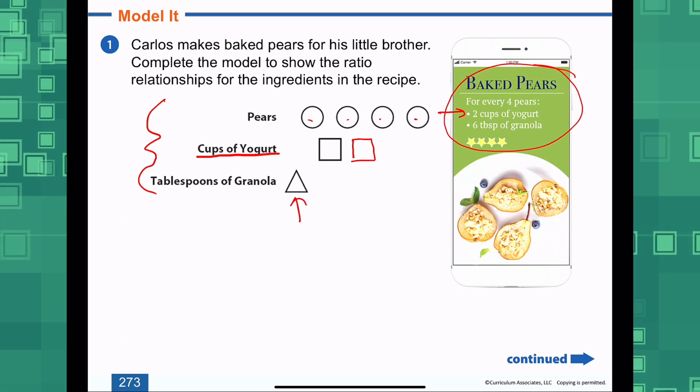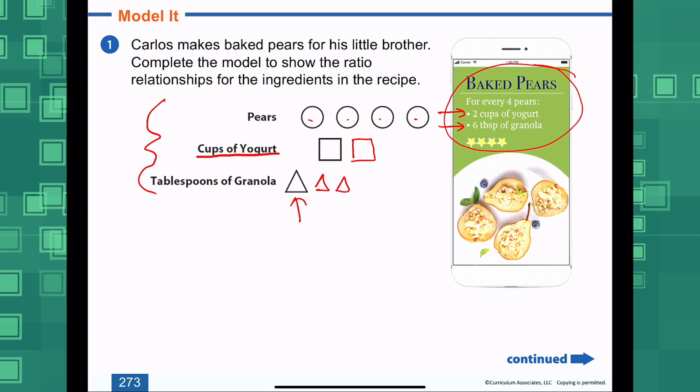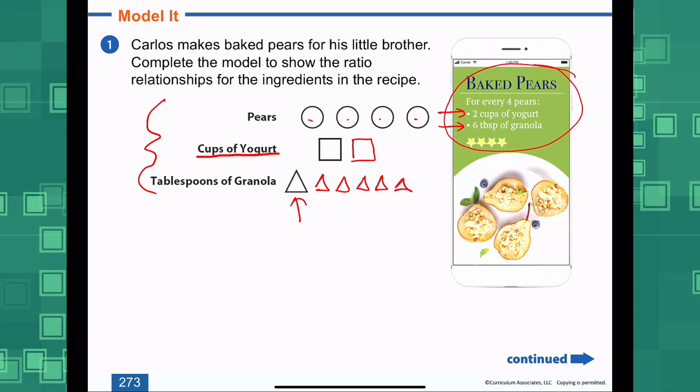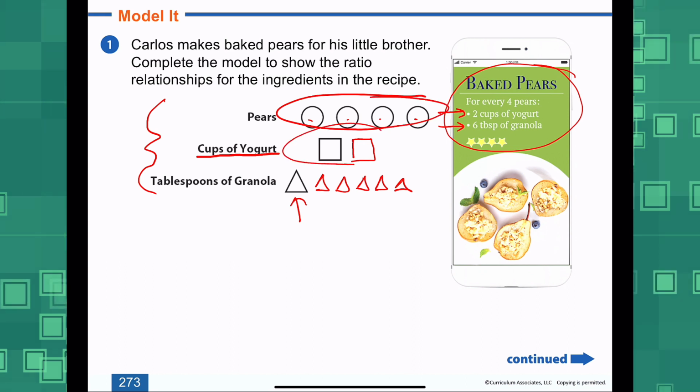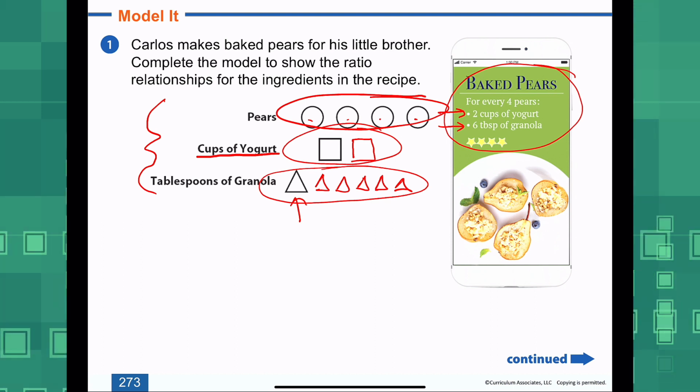Tablespoons of granola, the model is only showing 1 tablespoon, and so we need to show 6 tablespoons according to the recipe. So we are just going to add 5 more triangles to represent all 6 tablespoons. So now we have 4 pears, 2 cups of yogurt, and 6 tablespoons of granola. And that's a way we can model a ratio with ingredients.